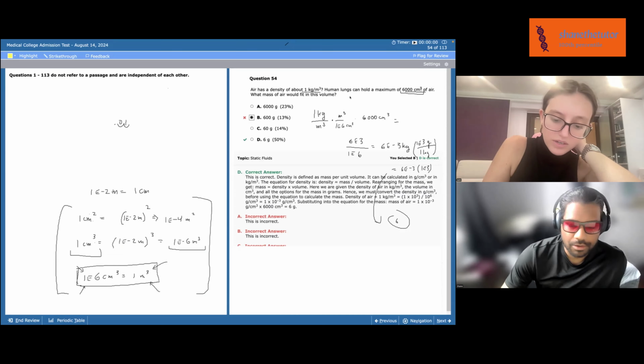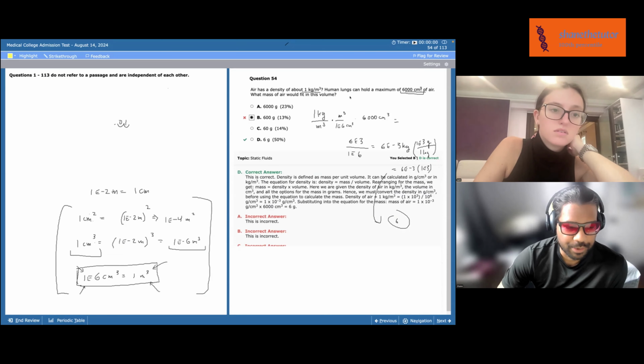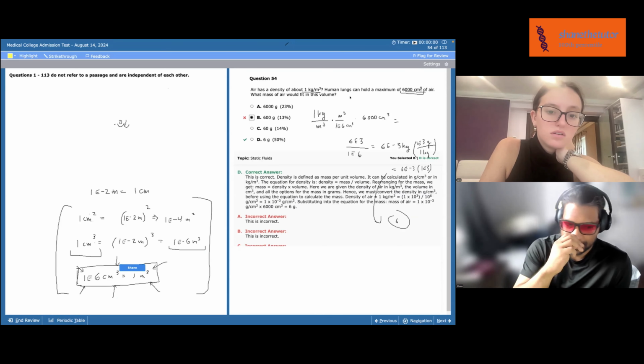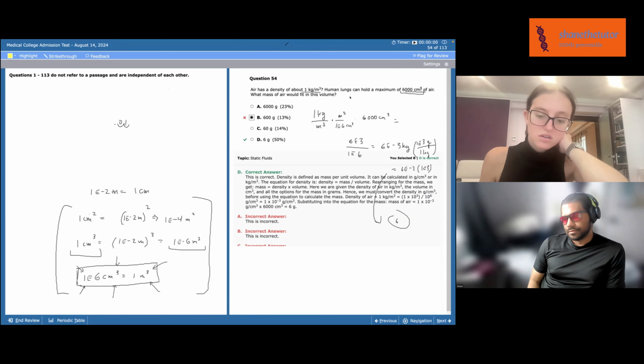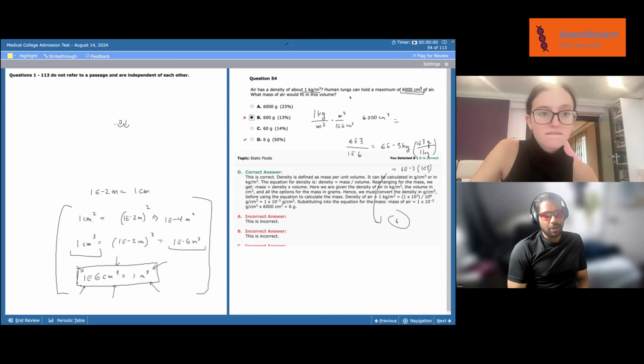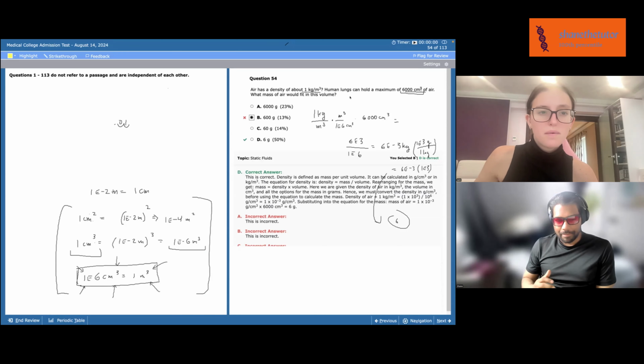I wrote it down on my notepad, just this part. Would that make it easier for overall conversions? Yes, because then you would know that, and also know that a cubic centimeter is the same thing as a milliliter.